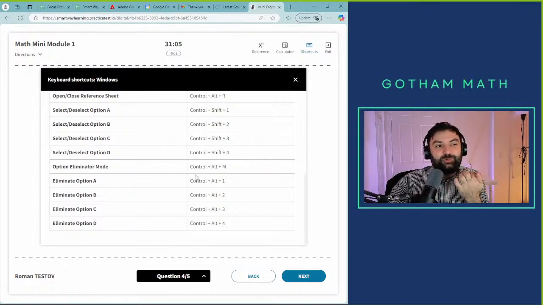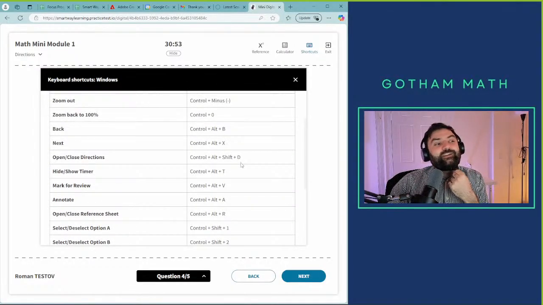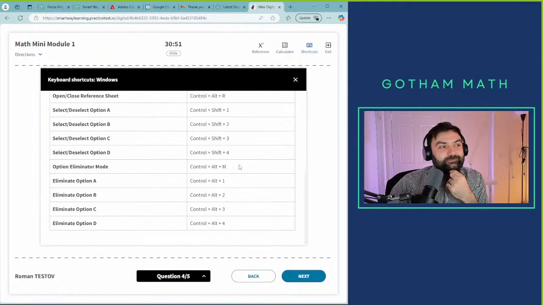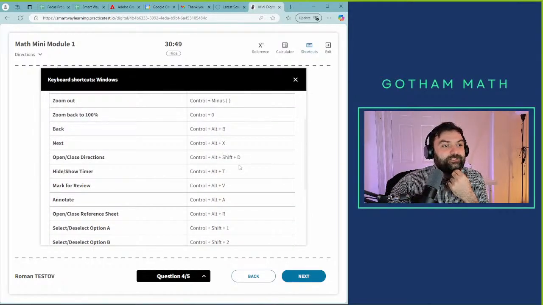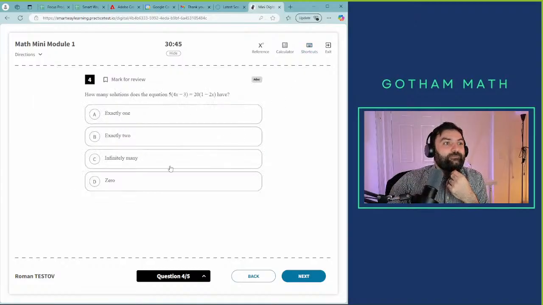I think it's just too much to do. Why would you X out one if you kind of know? I mean, maybe. It's useful for ELA more than it is for math, to be honest. You're right, probably. Makes sense.